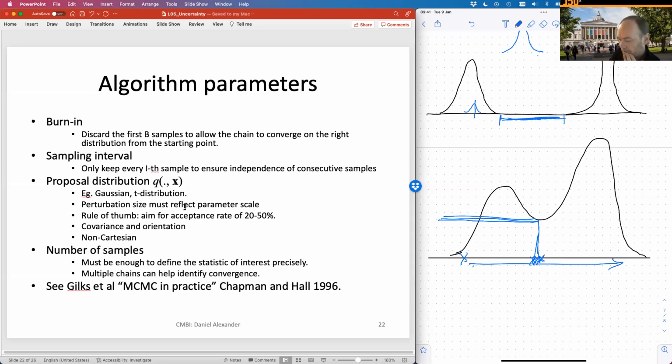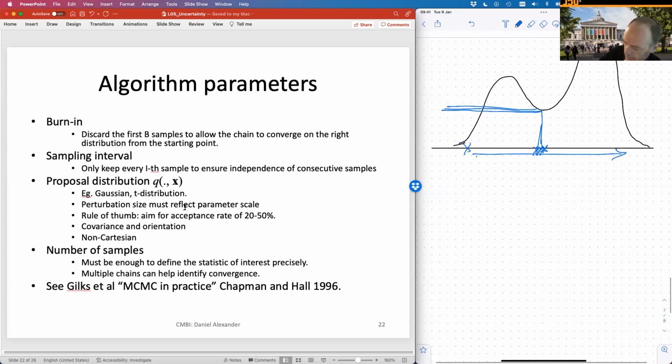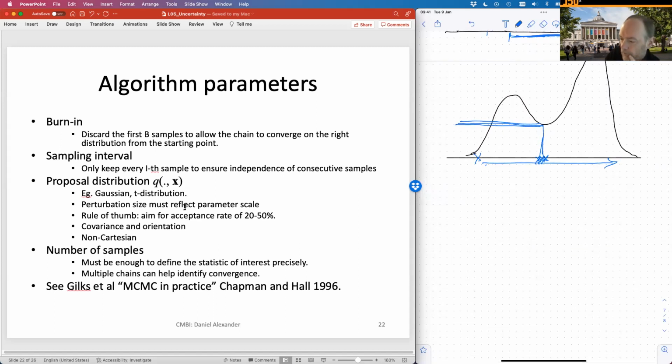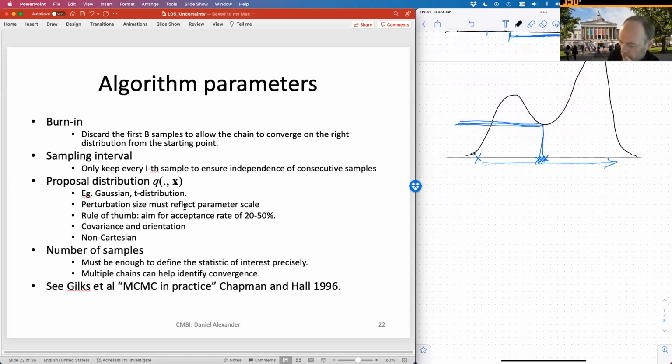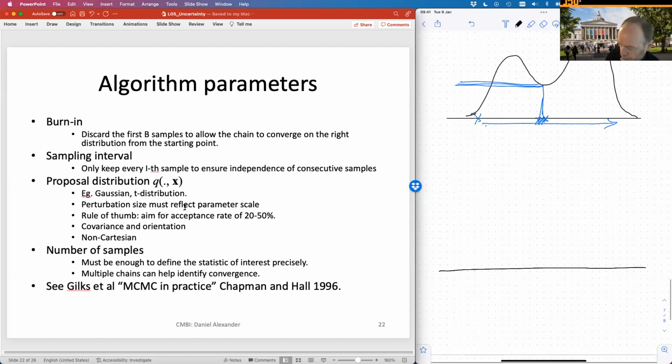So why don't we just set it very high then? There's a reciprocal problem if we set the proposal distribution very large. Can anyone articulate that for me? I'll draw a picture while you're thinking about it. Let's draw it on a very different scale this time.